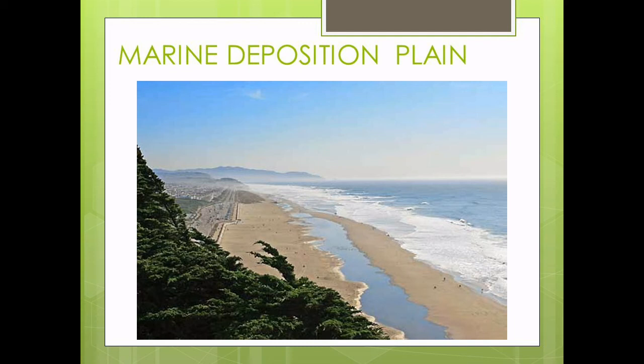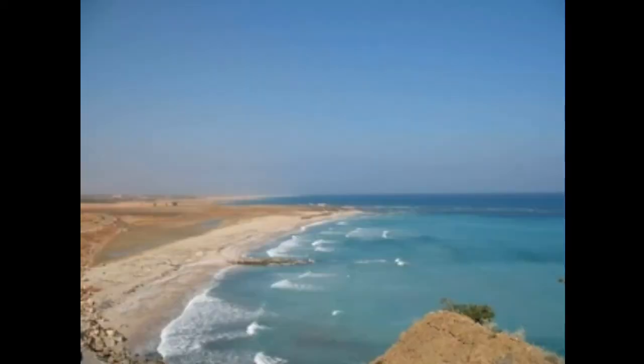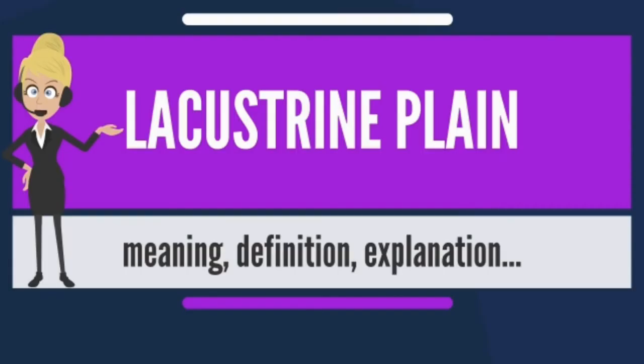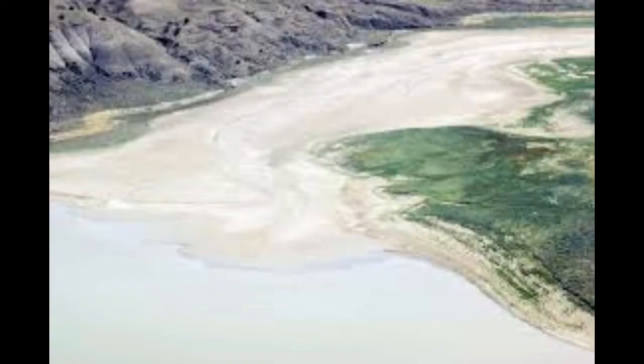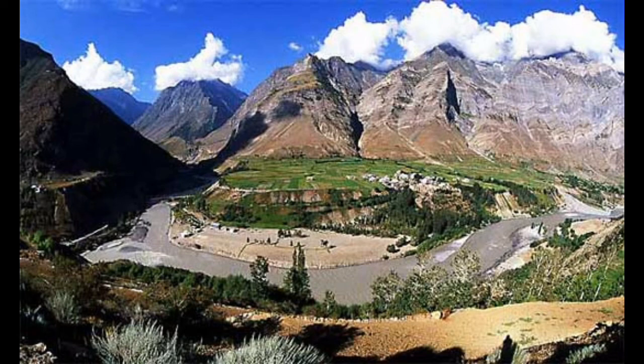These plains are formed by many processes, either by the deposition of the river, or by the denudation of sea, or by the upliftment of the part of the sea floor bordering a continent or parts thereof. Large lakes may have deposits of silt and sand that fill up their beds to form a lacustrine plain. For example, the Vale of Kashmir in India.